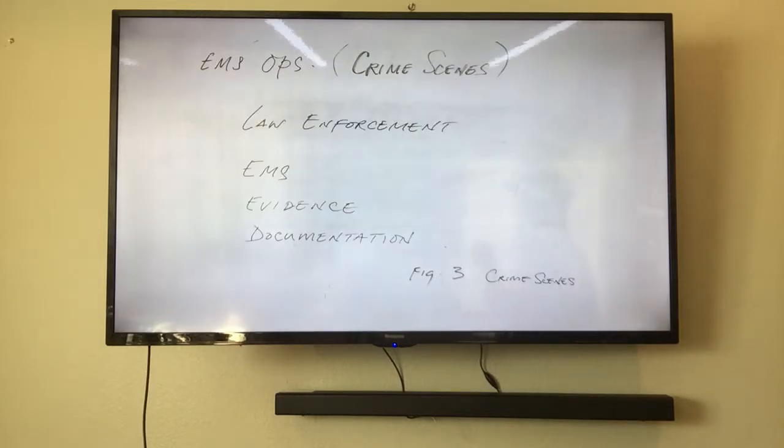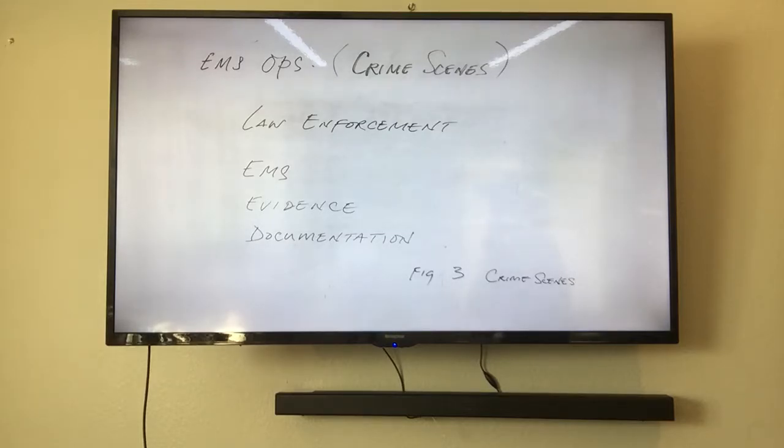When we're there, again, we have to augment our law enforcement agencies. This could be federal, state, county, and so forth. Your primary role there is to respond to the patients that come from these scenes. It's not to start inventorying and categorizing the evidence.